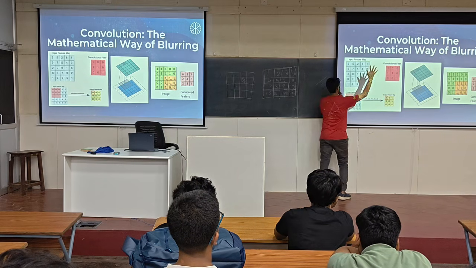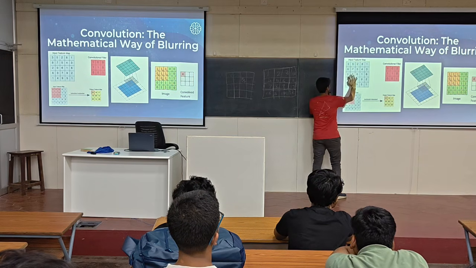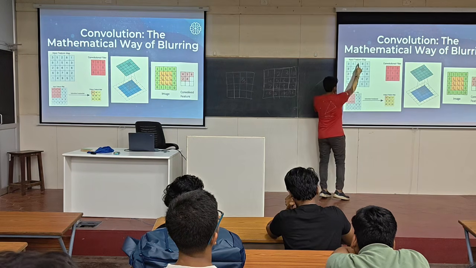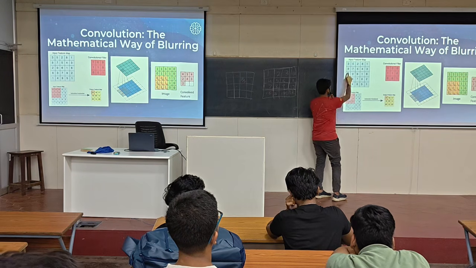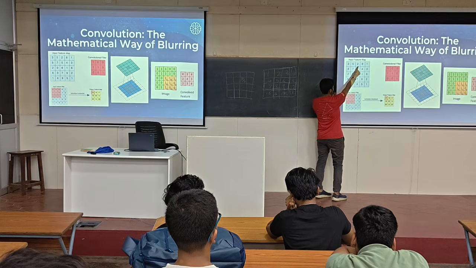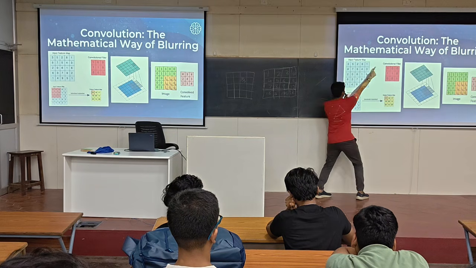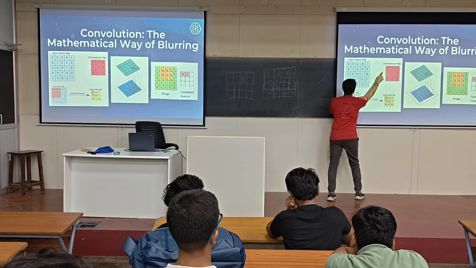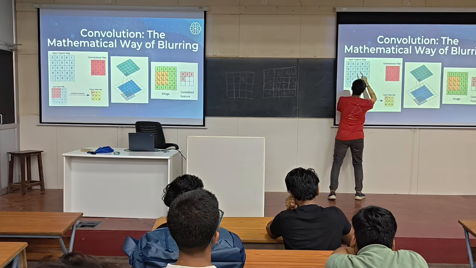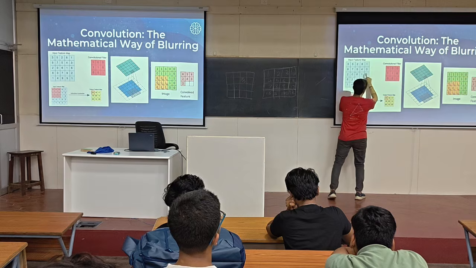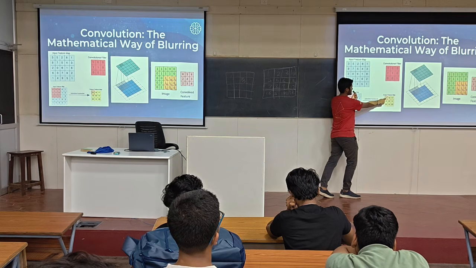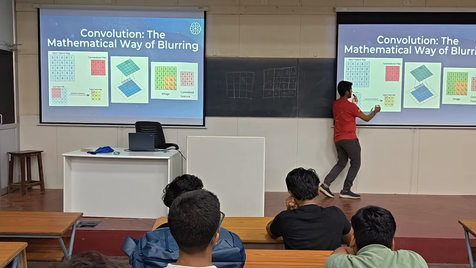So I will first convolve this over the first 3 cross 3 part in this feature map. So over here, 3 into 1 plus 5 into 0 plus 2 into 0, 3 into 1, 5 into 0, 2 into 0, 9 into 1, 7 into 1, 5 into 0, 2 into 0, 0 into 0, 6 into 1. And I'll add all of these and put it in the first cell of my output.